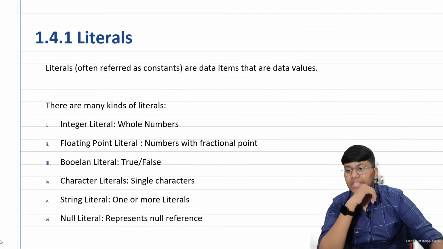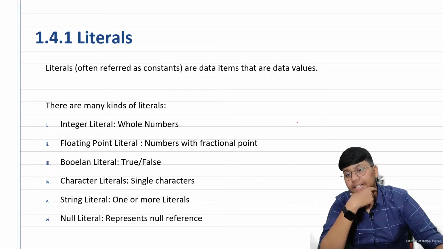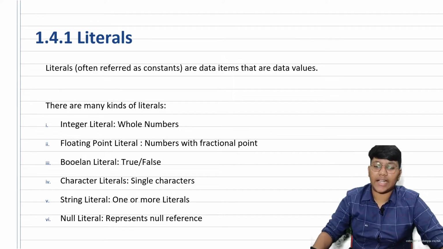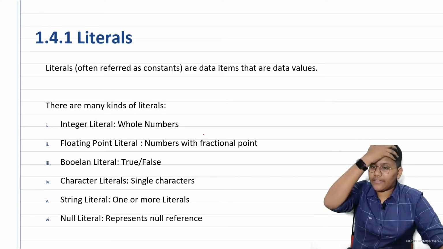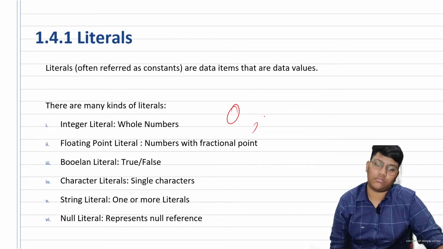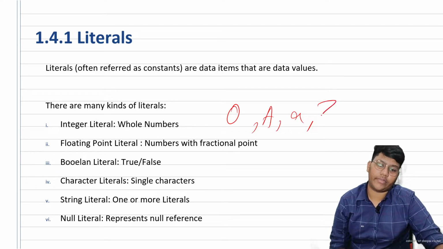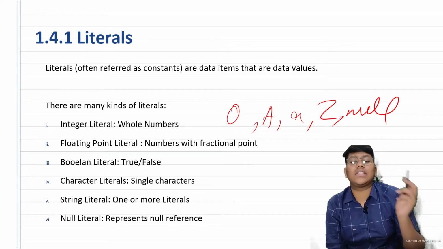Okay. Then come literals. Literals, often referred to as constants, are data items, that is, data values. For example, 0, A, Z, null. These are some data values, so these are literals.